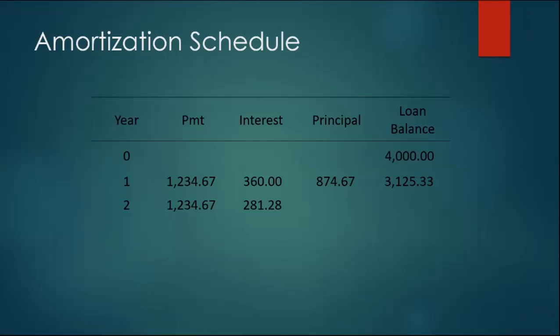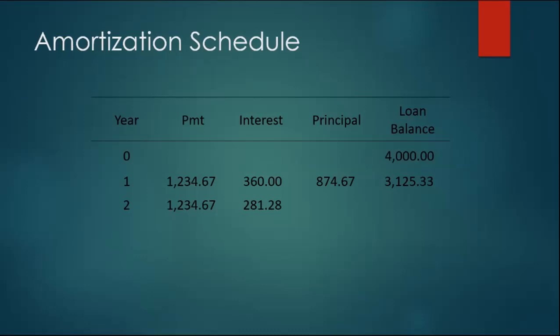And now you can see, if you calculate 3125.33 multiplied by 9%, you will get the amount 281.28. So this 281.28 is 9% of 3125.33, which is the loan balance after making the first payment.